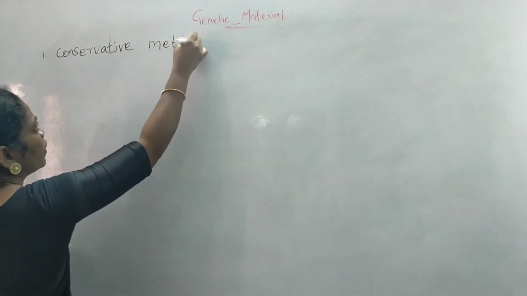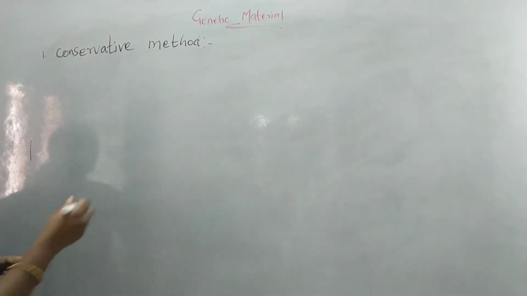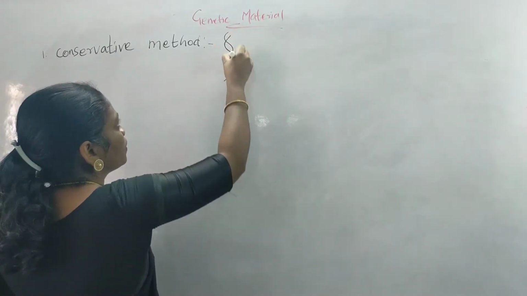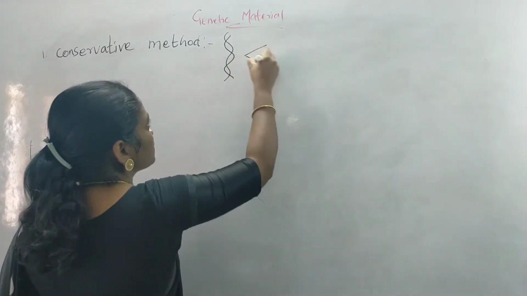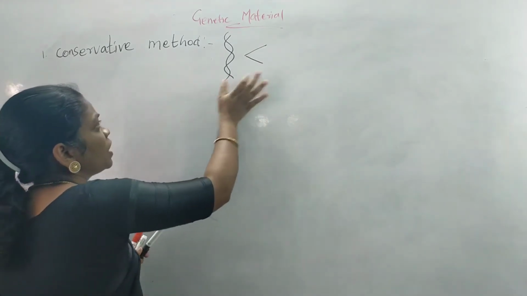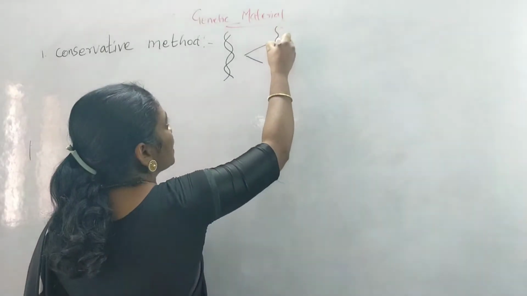Conservative method of replication. According to this method, the DNA, which is a double helical structure, when it replicates and produces a copy, the parental strand is kept as such.